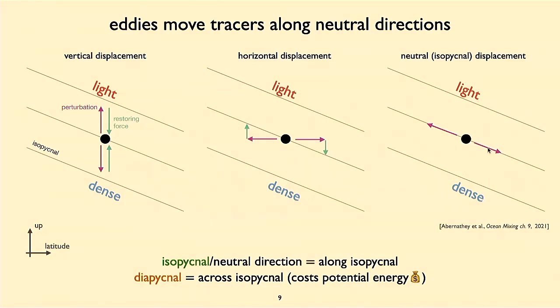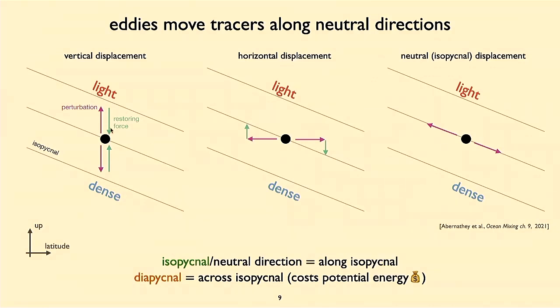So this is the motion that I was talking about, and I was calling them isopycnals, moving along surfaces of constant density. It's quite easy to do. So then we see a lot of vigorous ocean circulation following these surfaces, because you don't need to pay potential energy to do that.